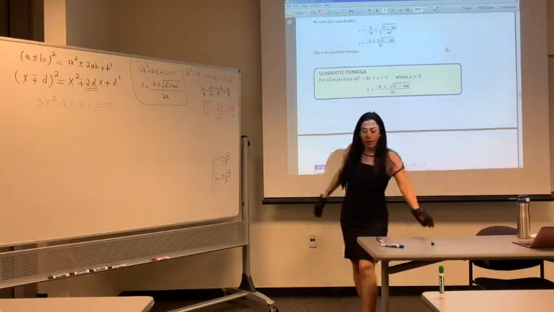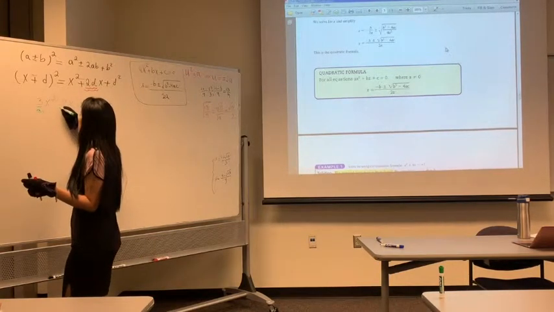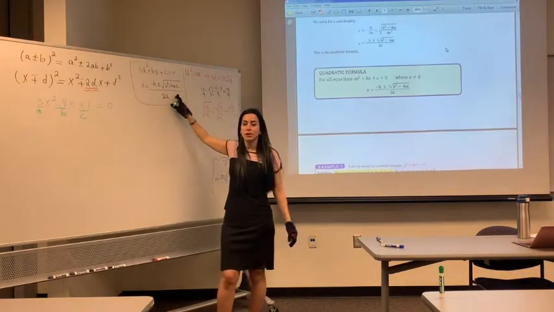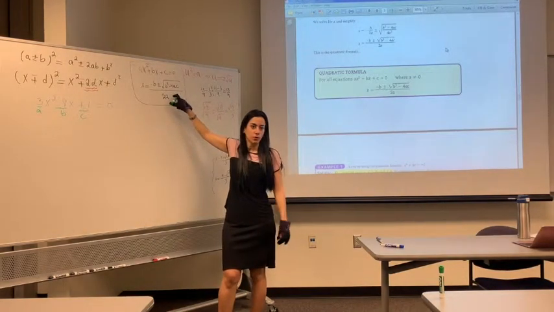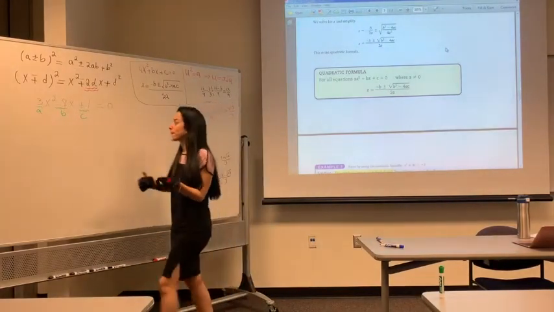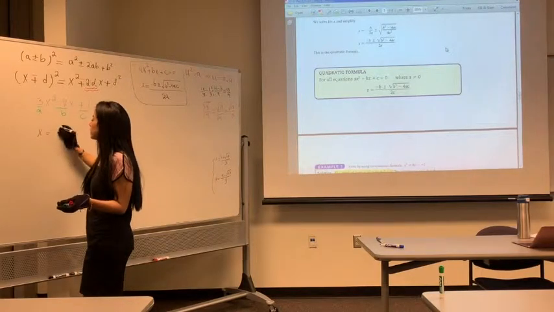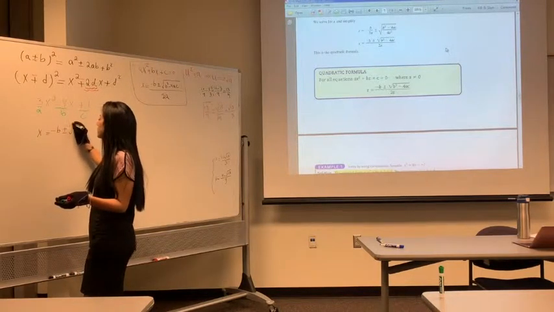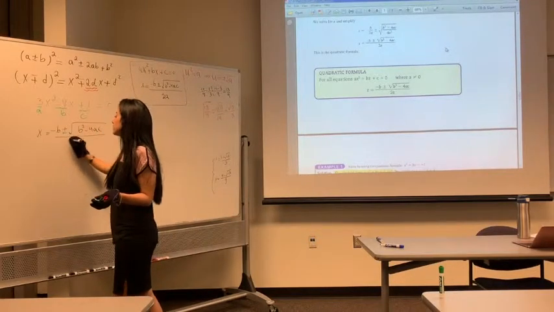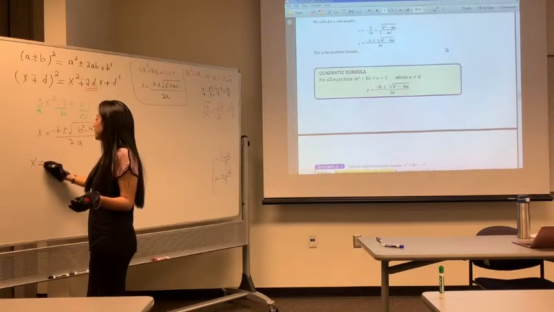Okay, so now let's say this one is a, this one is b, this one is c. Just replace all these numbers in this quadratic formula, and you will get answers for x. x is equal to negative b plus minus radical b squared minus 4ac divided by 2a. Now replace everything.